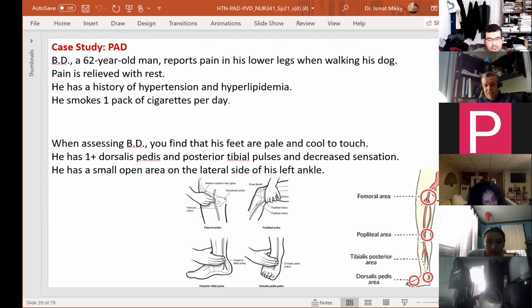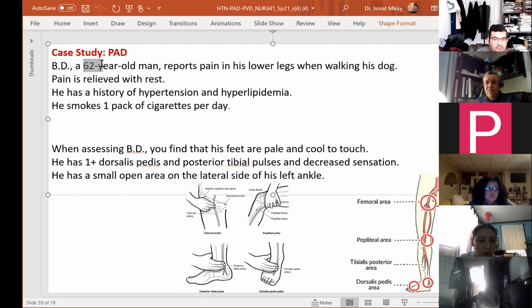Tobacco smoking is one major one. Hypertension as well. And hyperlipidemia. And the last one is the patient's age, he's old.